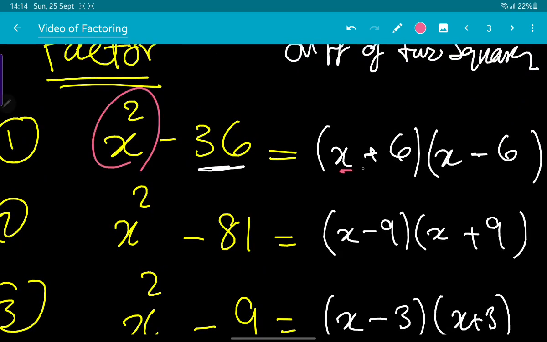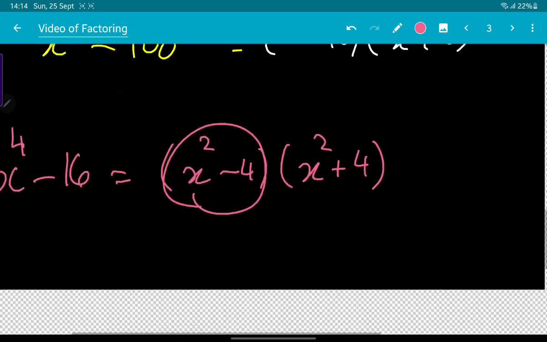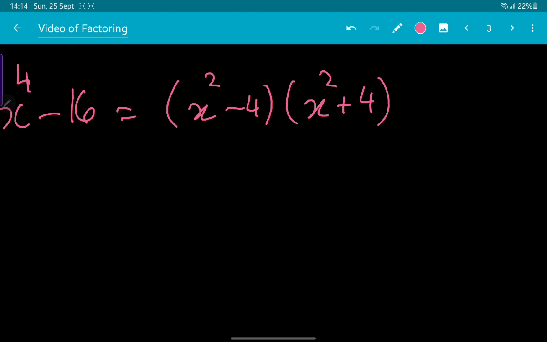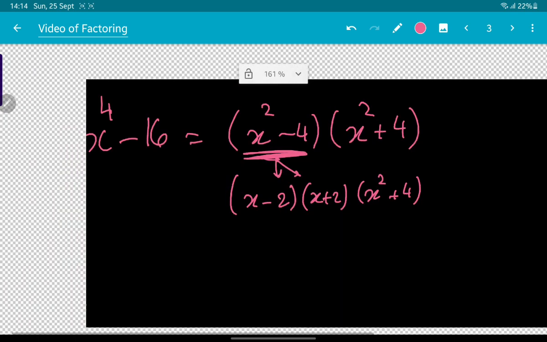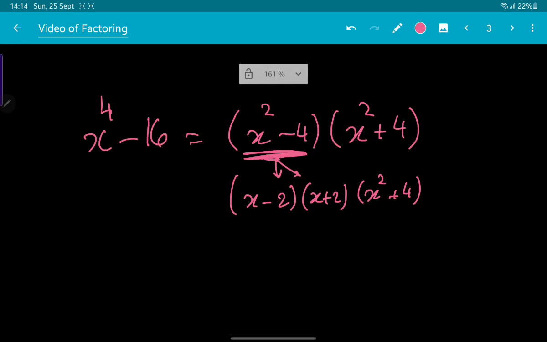X squared is x and x, 36 is 6 and 6. Can you say the same here? Yes, you can say the same here. This is difference between two squares, so we can factorize completely x minus 2 and x plus 2 for this bracket only. But this bracket we cannot factorize, the sum of two squares, so we will leave this, and this will be your final answer. So if you can simplify more, you go.